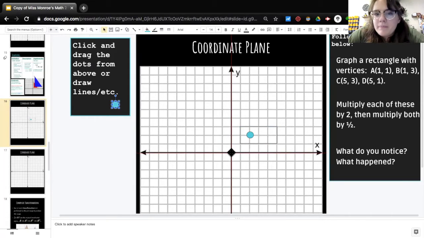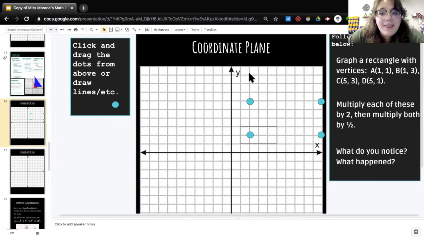And then right here, 1, 3 is now at 2, 6. 5, 3 is now at 10, 6. 3 times 2 is 6, so it should be lined up with that one right there. And 5, 1 is now at 10, 2, because 1 times 2 is 2. So now that is my rectangle.